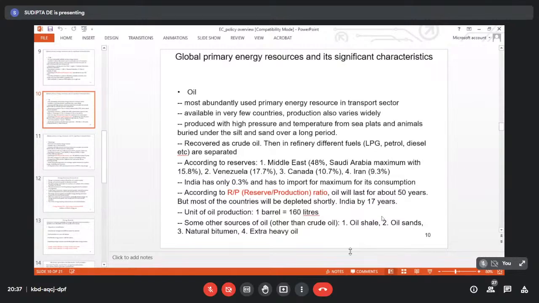Then some other sources of oil other than crude oil are the oil shale, oil sands, natural bitumen, and extra heavy oil. These are not used just for the direct transport sector, but also in alternative applications. Some are used for synthetic resin production. Some are used for boiler firing, because in boiler firing diesel is the best option, as diesel based systems get fired very easily.